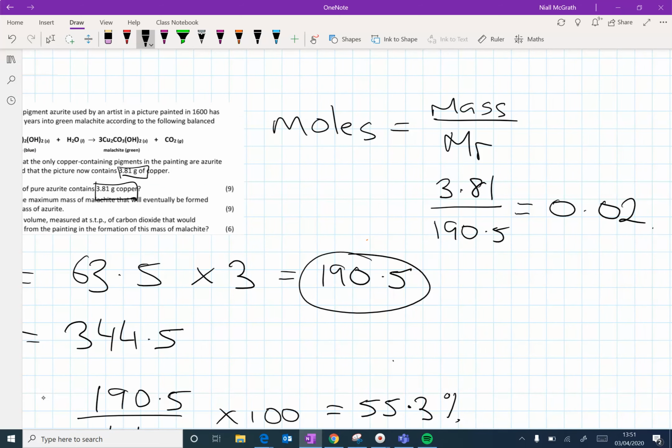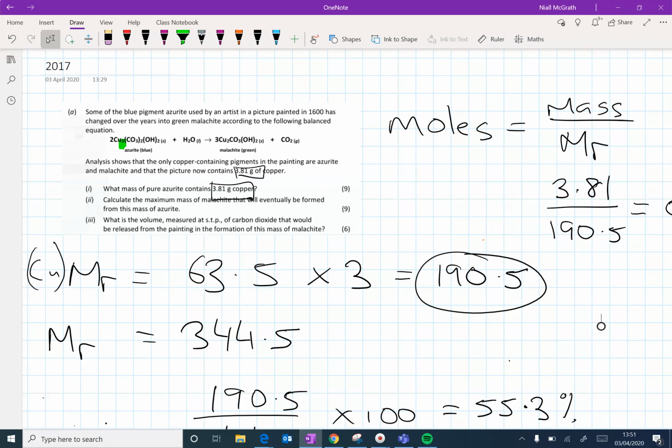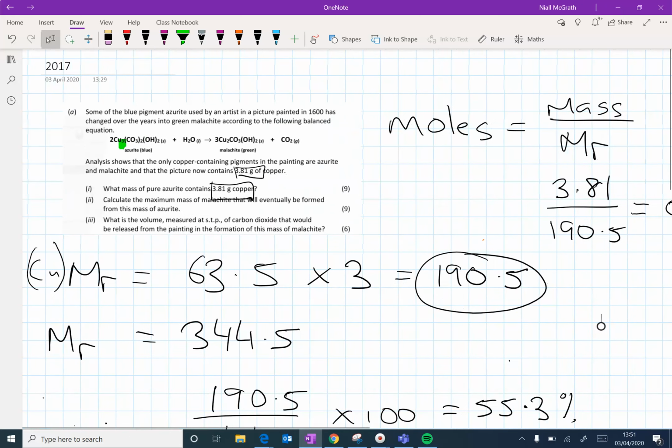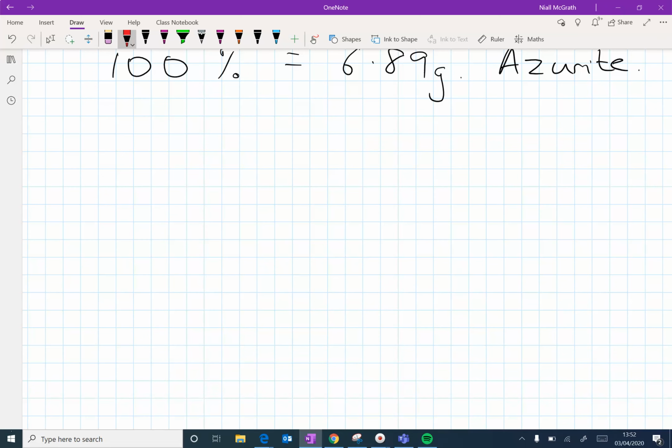That comes out to be 0.02, and that also stands for our moles of azurite. So we have 0.02 moles. To then calculate our moles of the malachite, which we're really looking for, you see that there's a 2:3 ratio.